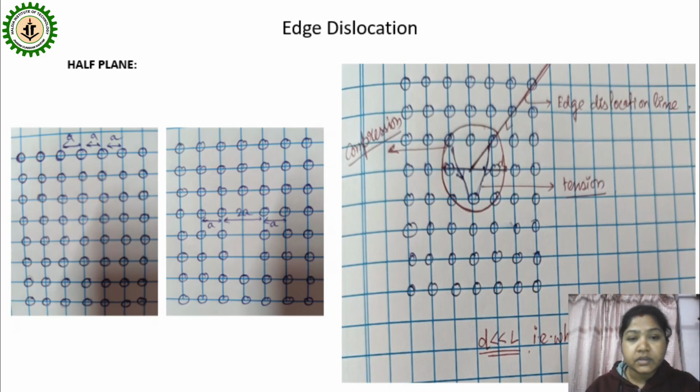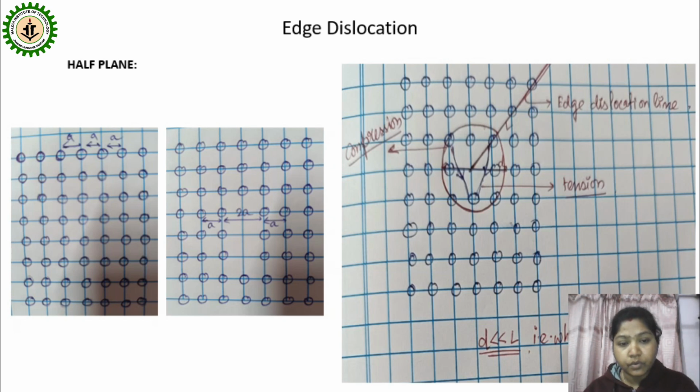Now in the middle picture you can see that in the first three rows no defects are present. That means the crystal is perfect, all the atoms are perfectly arranged at every lattice point.